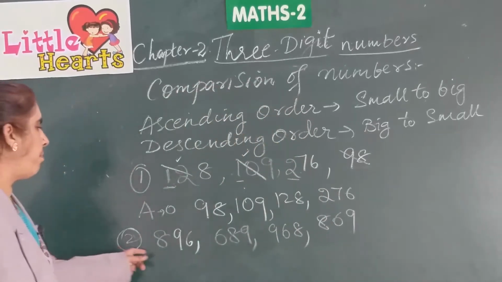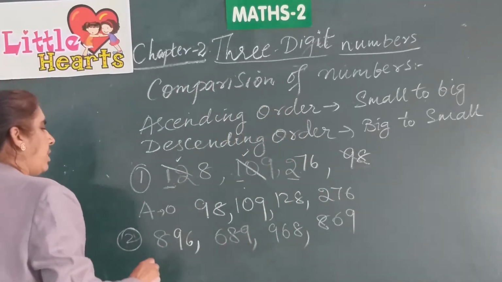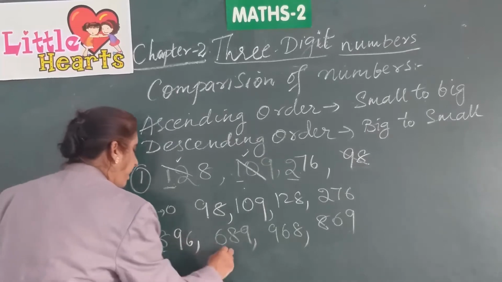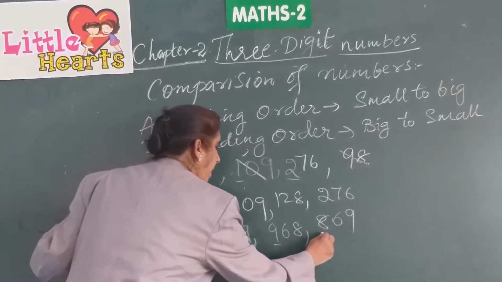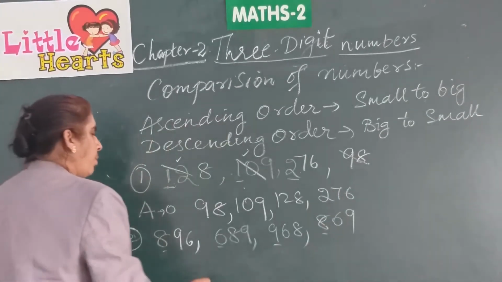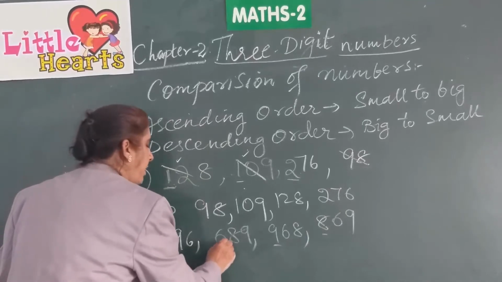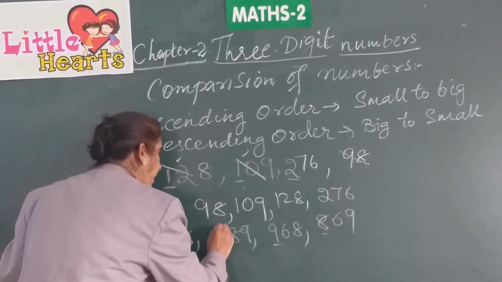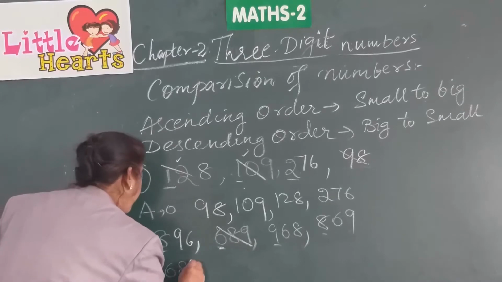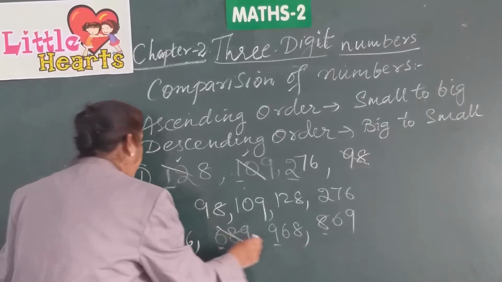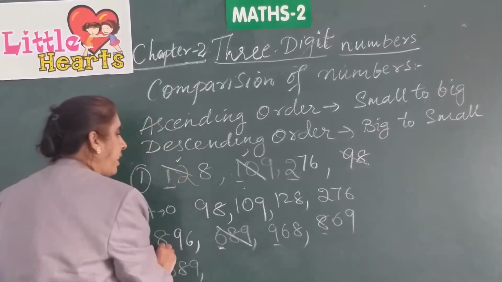Here all the numbers have 3 digits. Check from the hundreds place. 8, 6, 9, 8. So this is the smallest in the hundreds place. This comes first. 689. Among these 3 we have 8 in the hundreds place.